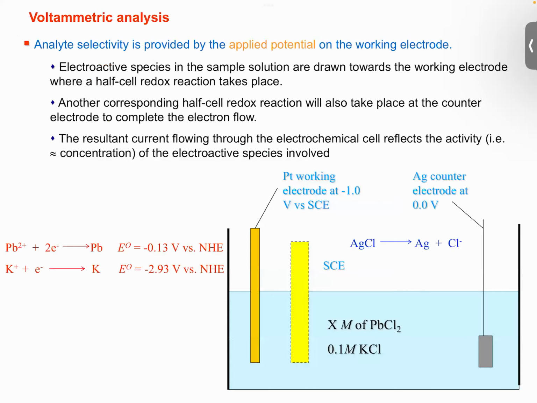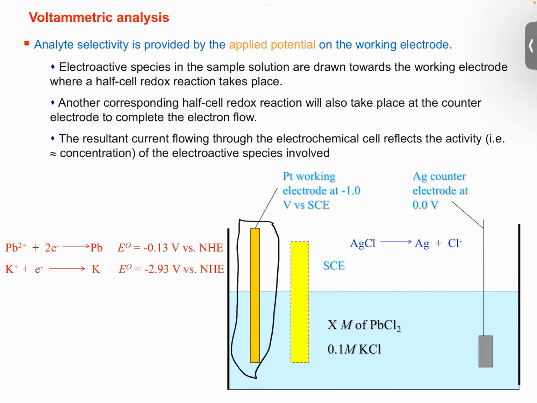Let's see, here we have the plumbum electrode, and on the other side this is the working electrode. This is a very conventional setup. Sorry, this is the working electrode, and we are using platinum, but platinum is inert, so it just serves as a solid base.